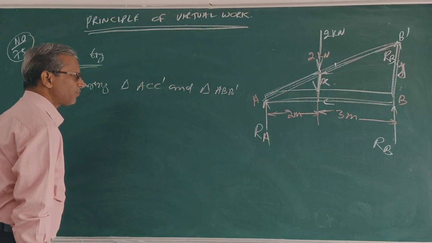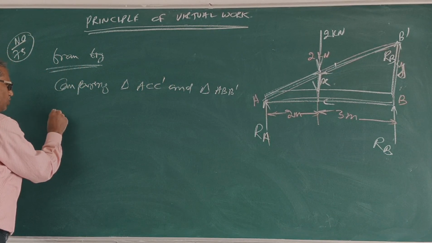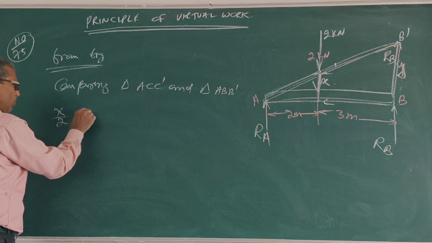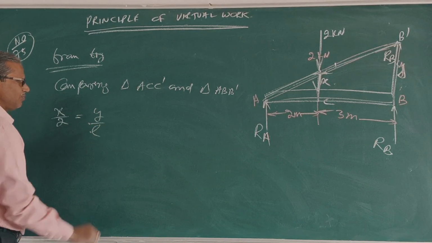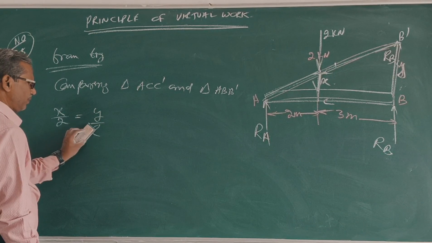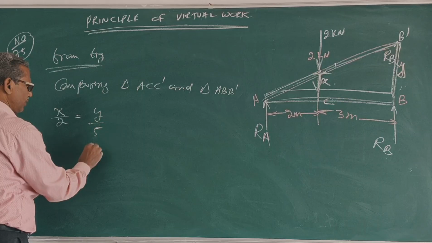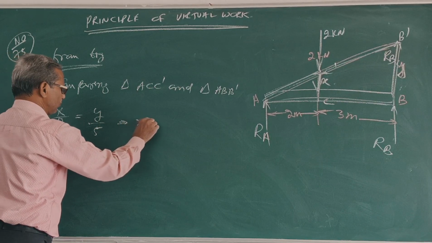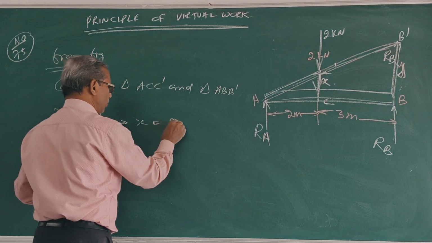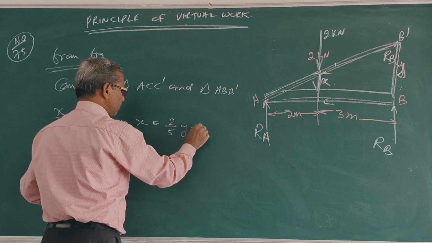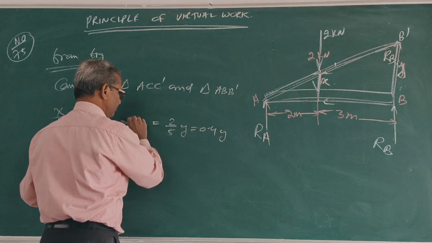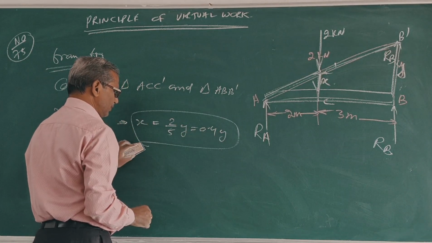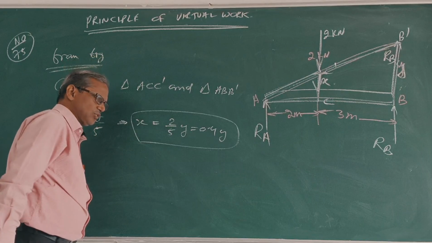Clear? So X by 2 is equal to Y by L, Y by 5. So X is equal to 2 by 5 Y. So this is 0.4Y.